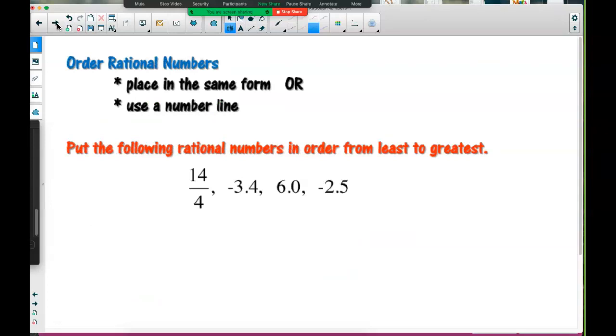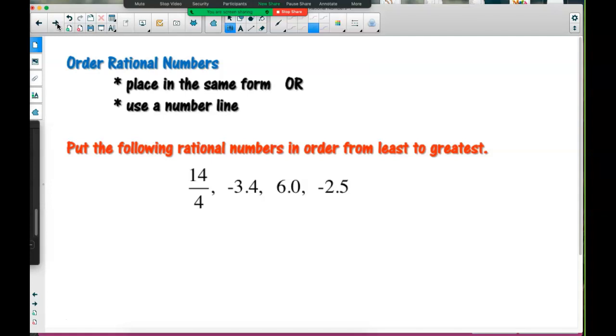All right, the last thing is to put numbers in order from least to greatest, or greatest to least, depending on what they ask. I think some of these should be easy. Can you look at this list and tell me what's the lowest number up there? By just looking at it, can you tell?